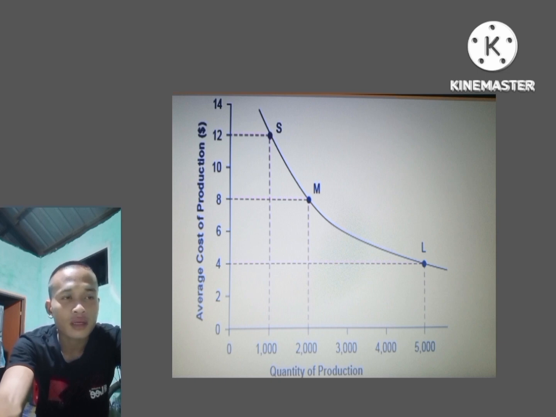Then $8 is medium, at 2,000. Then the next is $4, large, at 5,000. That is the graph of economies of scale.